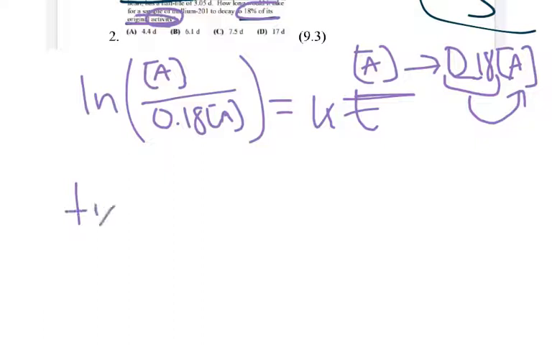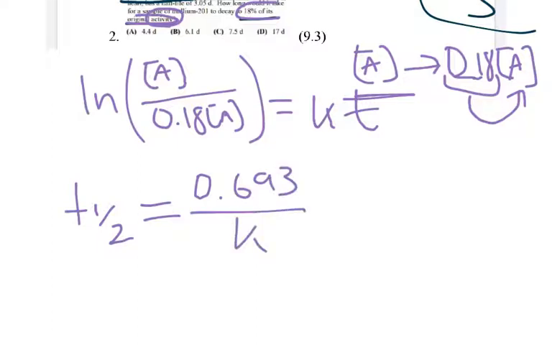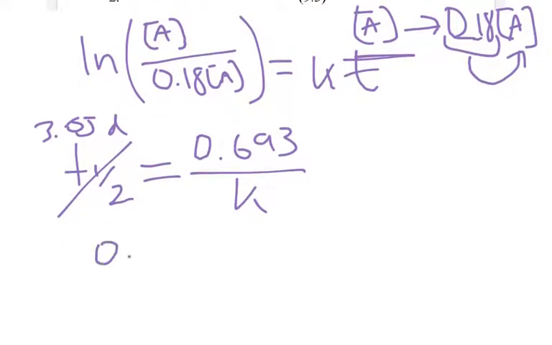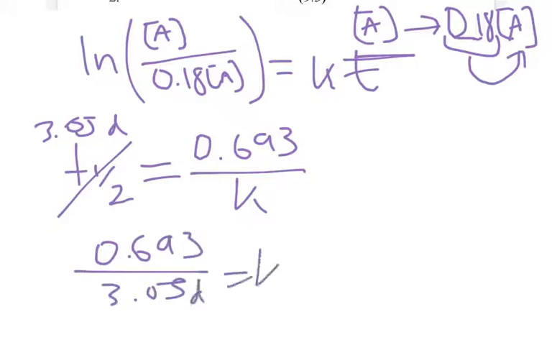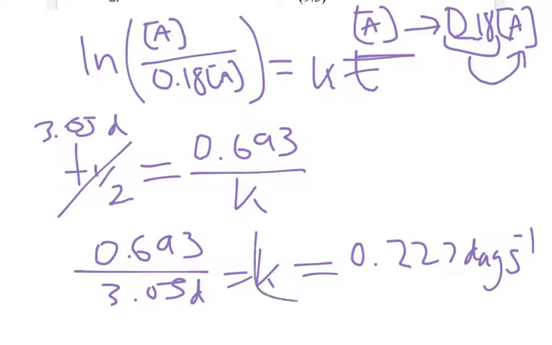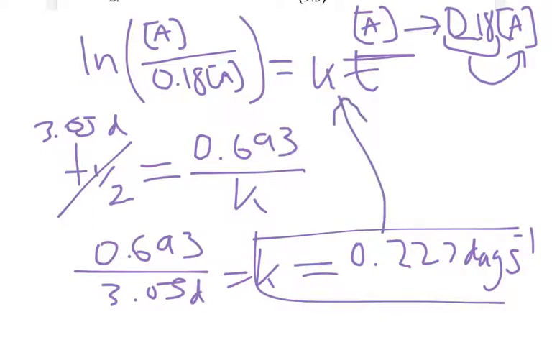The half-life, or T1/2, is equal to 0.693 over K. And we know our half-life is 3.05 days, but we need to solve for K. So to get K, you simply do 0.693 over 3.05 days, and you get that K is equal to around 0.227 days to the -1. So now that we have K, we can plug it in here and solve the problem.